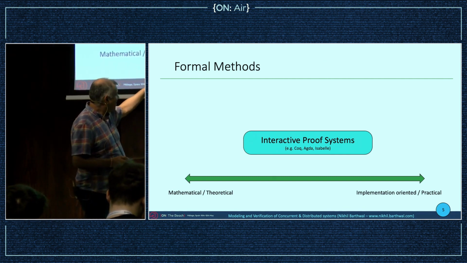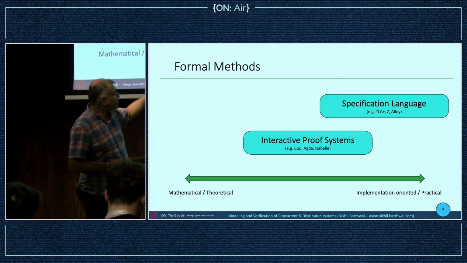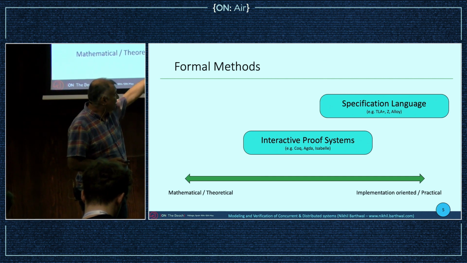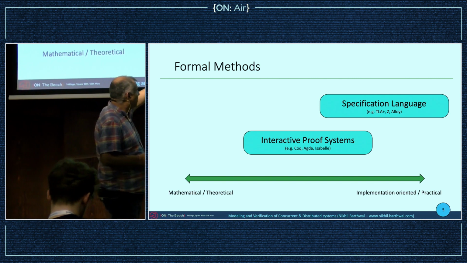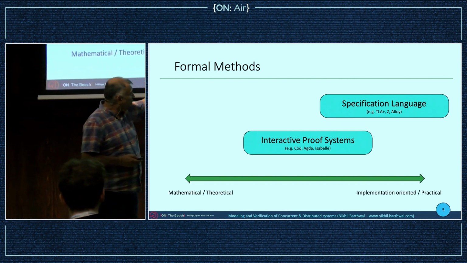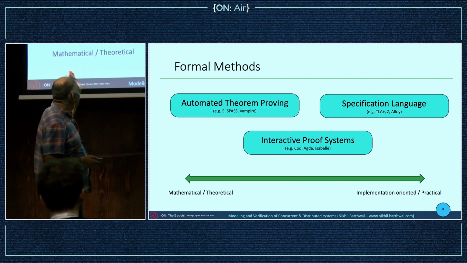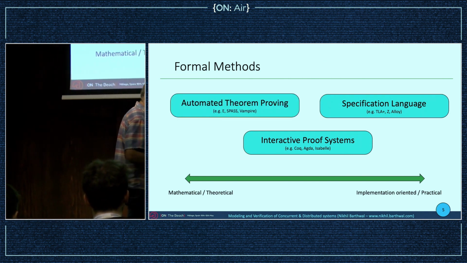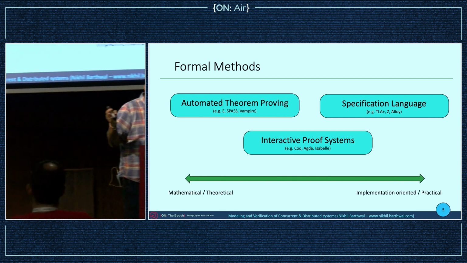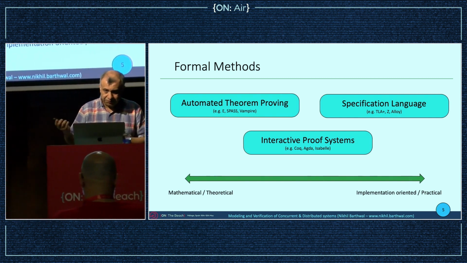So that's somewhere in the middle. And then you have specification languages, TLA+, which is what I'm going to be talking about mostly, Z, and Alloy, which came out of MIT from Daniel Jackson's research team, which uses a SAT solver. So that's more implementation oriented. And then you have automated theorem proving and SPASS, which for the purpose of this talk we would not talk about because they are mostly useful for academic research.